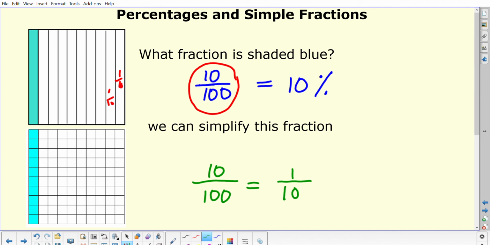So that's your equivalent fraction, and the other way to remember this is that to get your equivalent fraction, we have divided the top and the bottom of the fraction by 10.